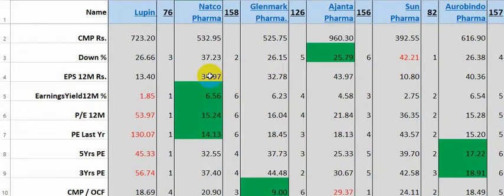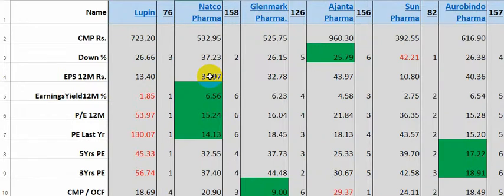Second is, we should look at the valuation of the company, not only in terms of the price but the value or the basic price that the company can generate for us. After that, when we start buying the company's shares, we should not buy in one go.